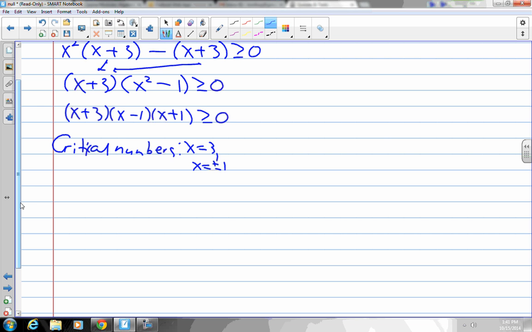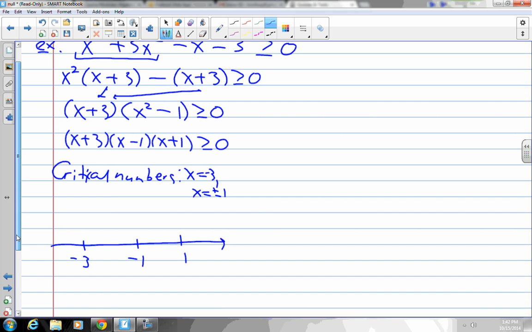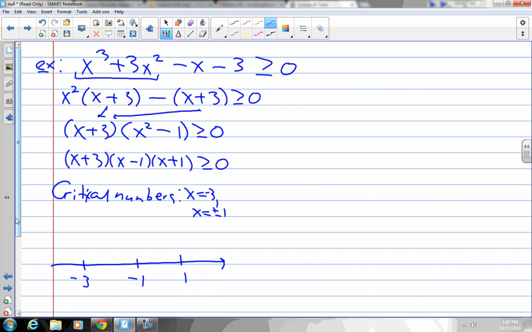Is that okay? Okay, so all I have to do now is to test the intervals, negative 3, negative 1, and 1. Yes, negative 3, you're right. Thank you. So you can always take 0, plug 0 in there, see what you get.